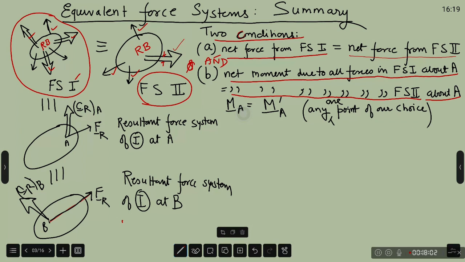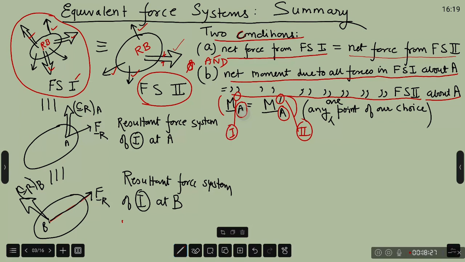Symbolically, I have been writing this: MA equals M prime A. Here A is the same point. Prime means moment due to all forces in FS2. And when I don't put any prime, it means moment due to all forces from force system 1.